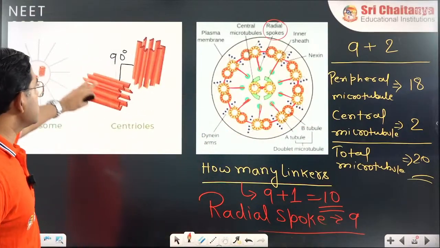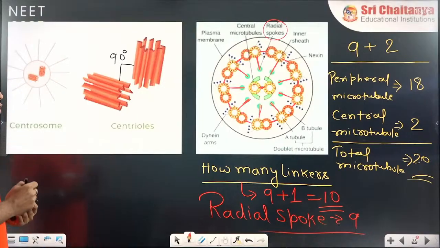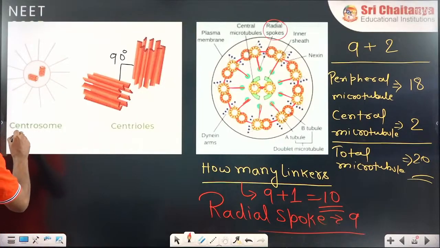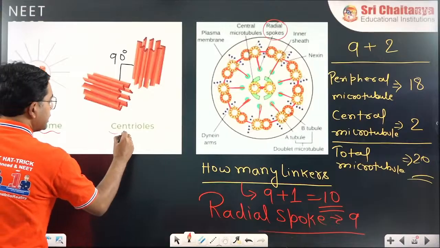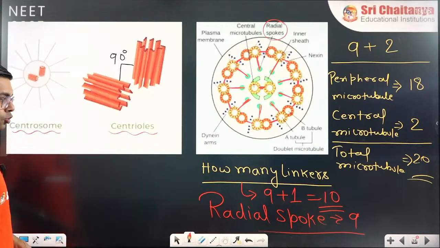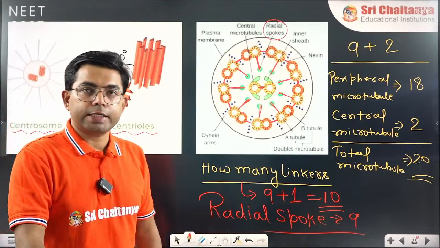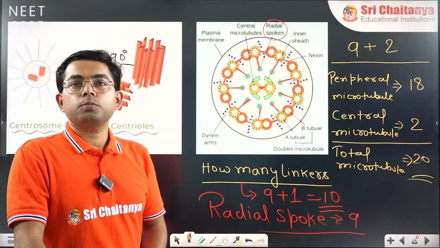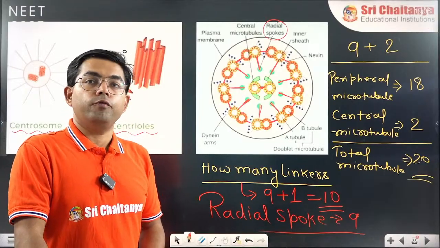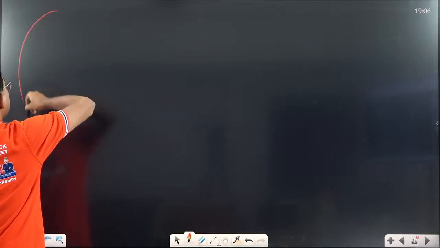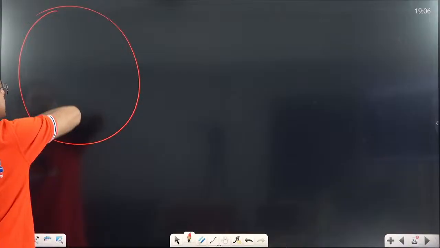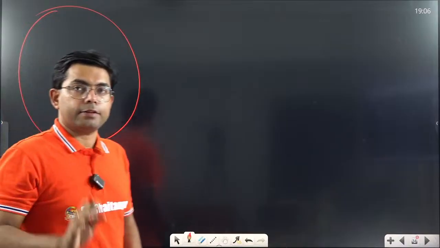Now talking about the centrosome. Here two terms are there. One is called the centrosome, another is called the centriole. So let's first understand what a centrosome is, and where it is found. If you all can recall cell division, which you must have studied in class 10th, right?